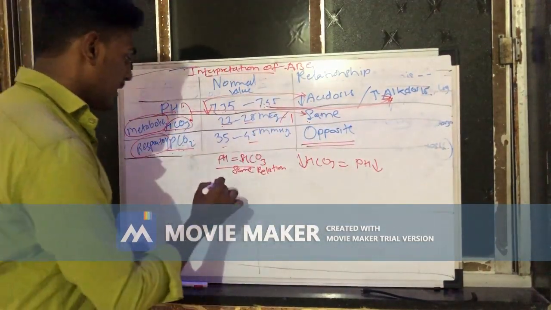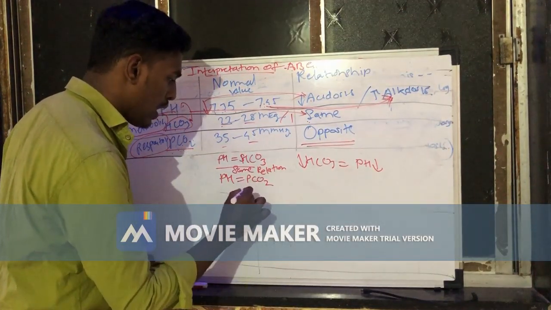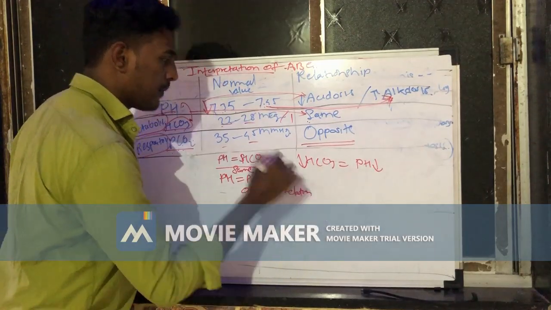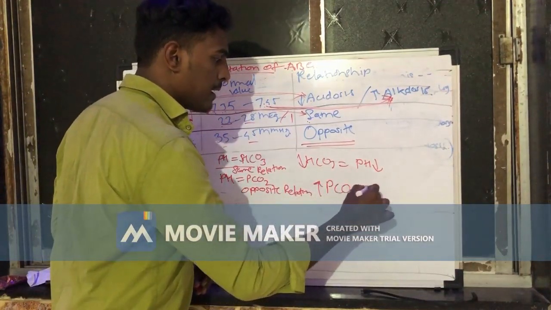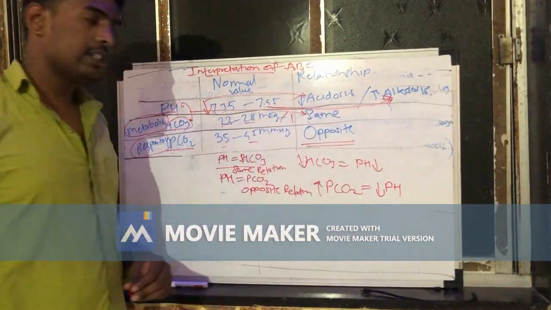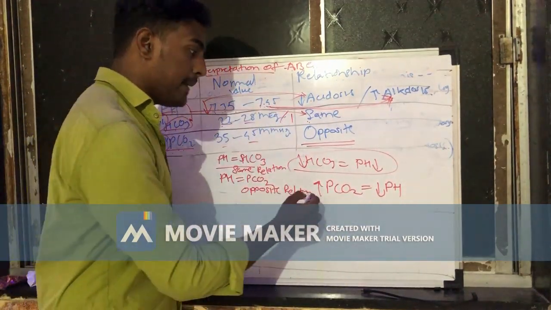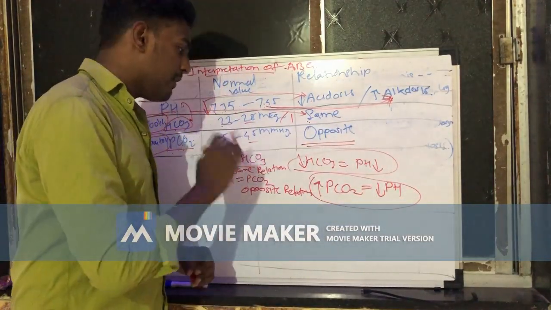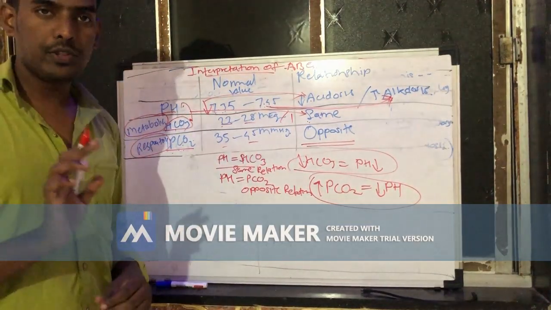What does it mean? pH and PCO2 have an opposite relation. If PCO2 is going to increase, pH will decrease. Here I said if SCO3 decreases, then pH decreases, so same relation. But here if PCO2 increases, then pH decreases. Opposite relation. So always SCO3 and pH have the same relation, and PCO2 and pH have an opposite relation.